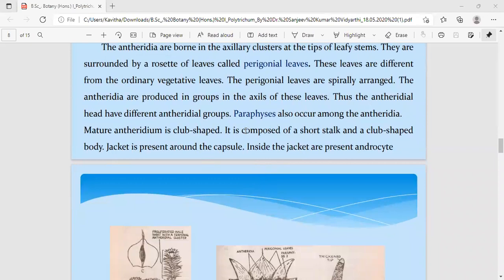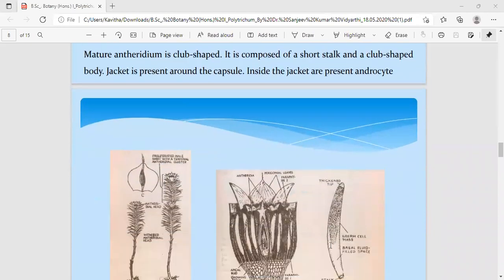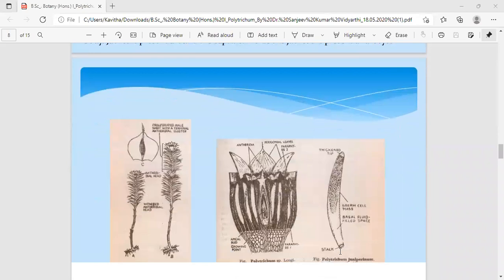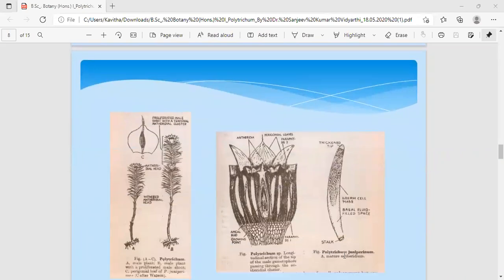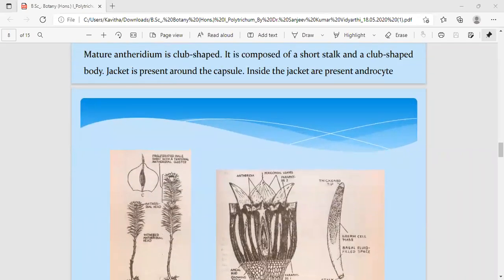Next, how is the antheridia here? This antheridium is a club-shaped structure. Long and elongated club-shaped structure having a small stalk.